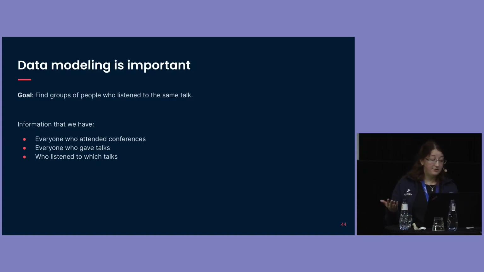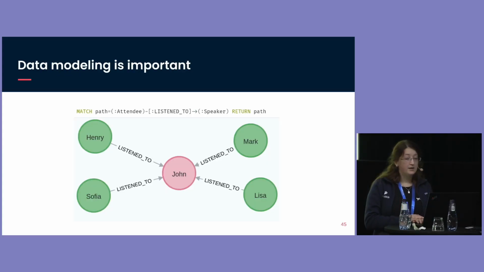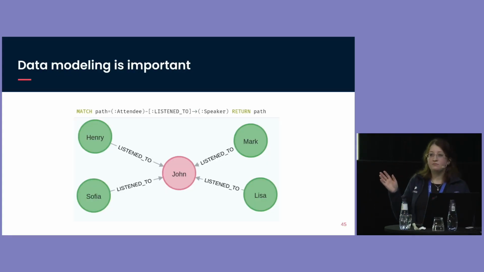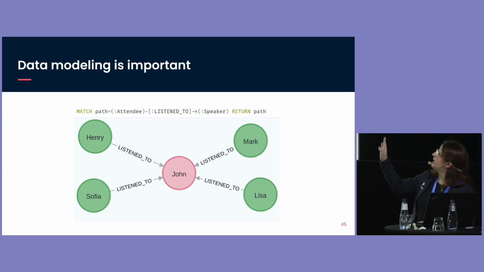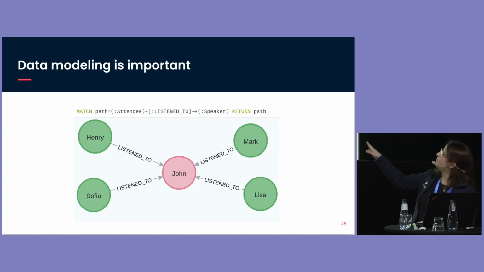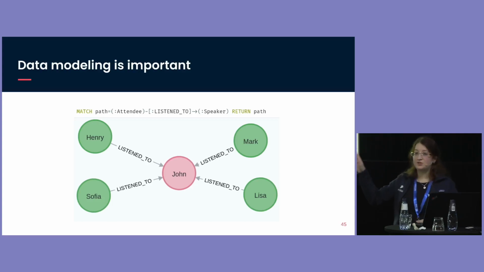And the data that we have for it, we have everyone who attended the conference, we have everyone who gave talks, and we have data on who listened to which talk. And let's start with a really simple data structure. We have just two node labels, green attendees and pink speakers, and we have just one type of relationship between them, listened to.